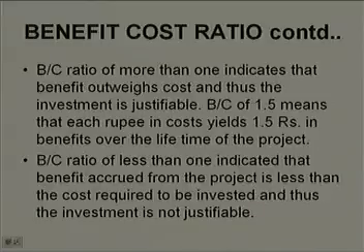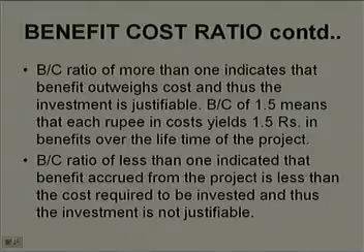So, this is the meaning of B by C ratio of 1.5. What would be the meaning of B by C ratio of 2? Every dollar that you spend, you are getting a benefit of $2 for the public. Every dollar the government is spending, the public is getting a benefit of $2. So, that is how you interpret the B by C ratio.